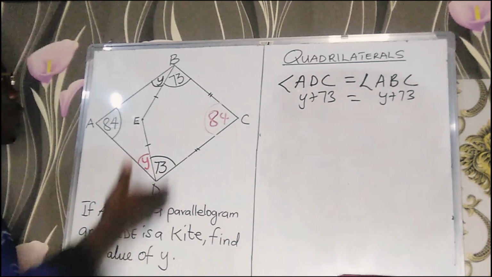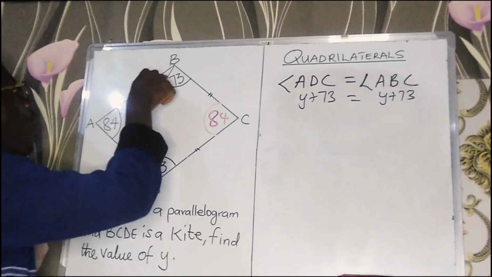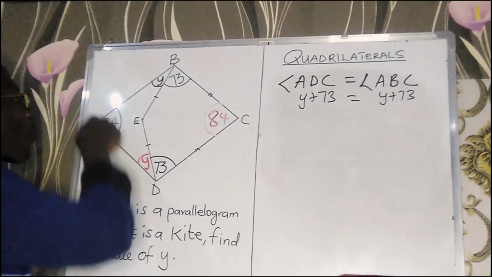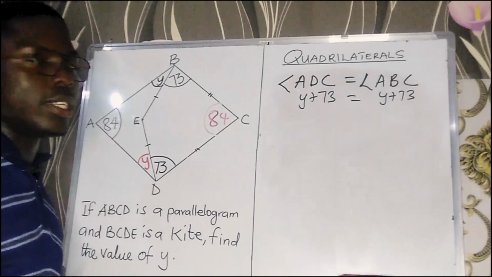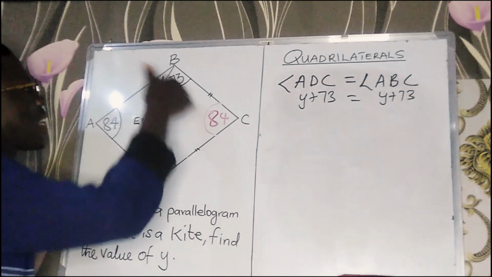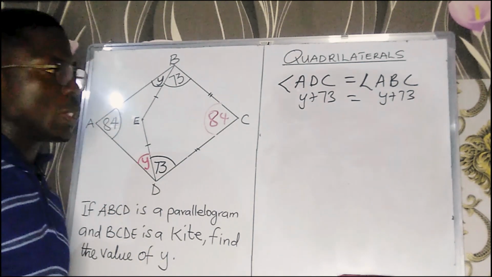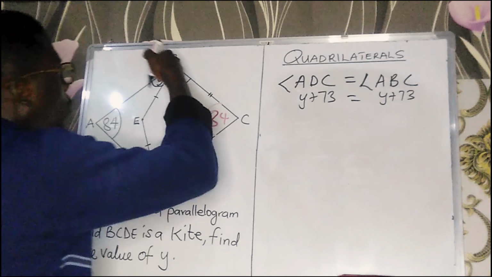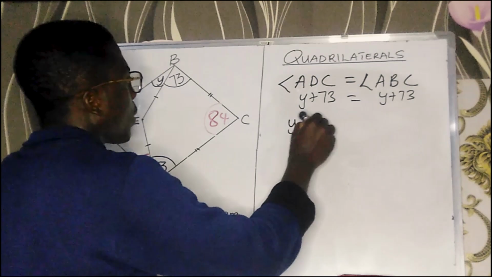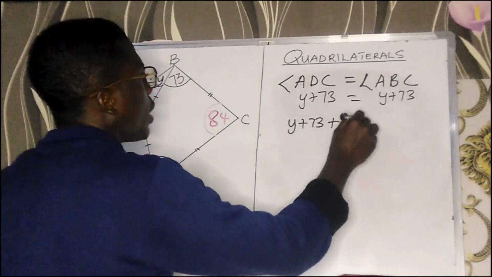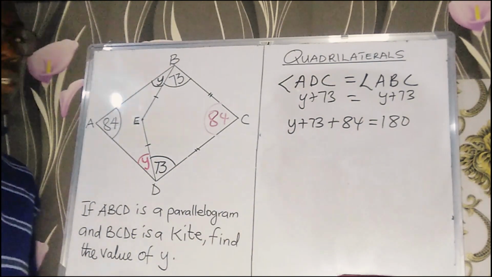And now from here we can solve for y in a simple way by saying the sum of interior angles of a quadrilateral add up to 360 degrees, or adjacent angles of a parallelogram add up to 180. So if we want to use the adjacent angles of a parallelogram, then we could say y plus 73 plus 84 here should be equal to 180 degrees. Good.